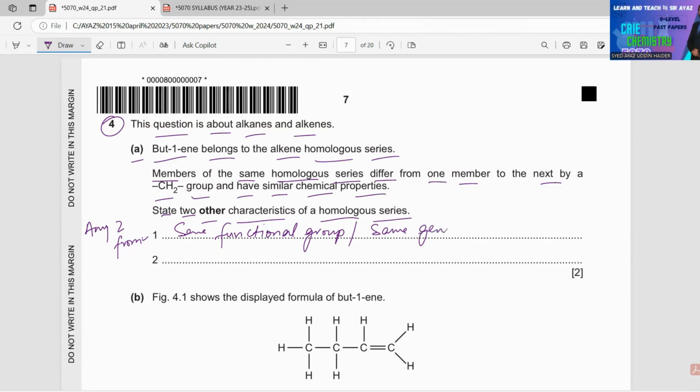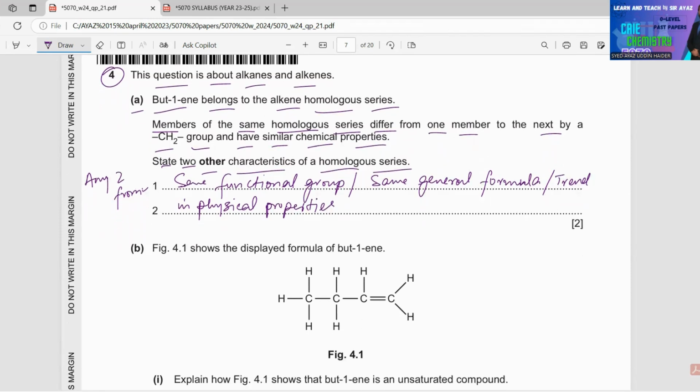They all follow the same general formula. And there's always a trend in physical properties. So you can write trend in physical properties. You can write any two from these.